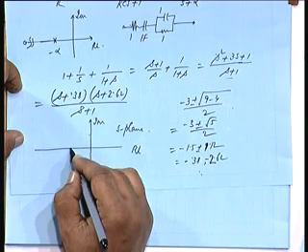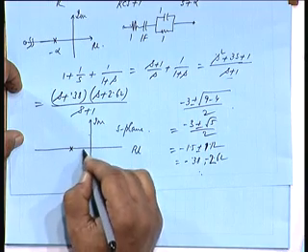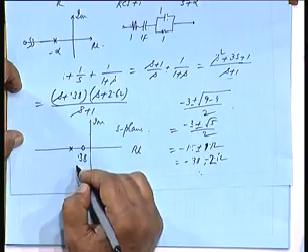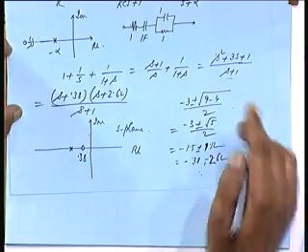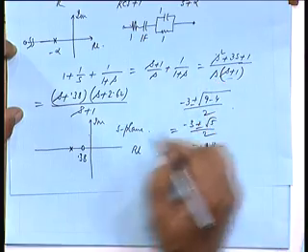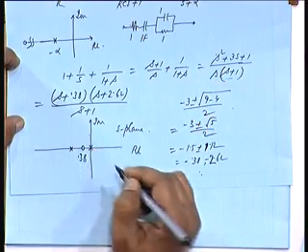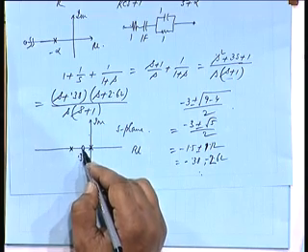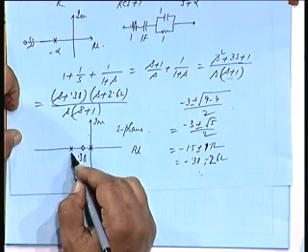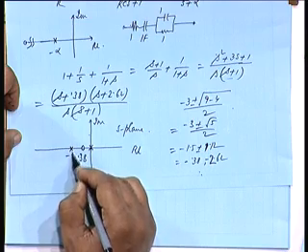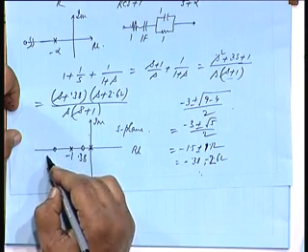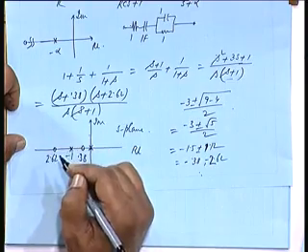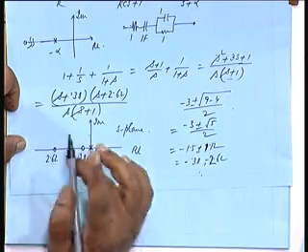So, s is a pole, at minus 0.38 it is a 0, again minus 1 is a pole and minus 2.62 is a 0. What about infinity? At s equal to infinity, it is s square by s square, 1. So, it is neither a pole nor a 0.